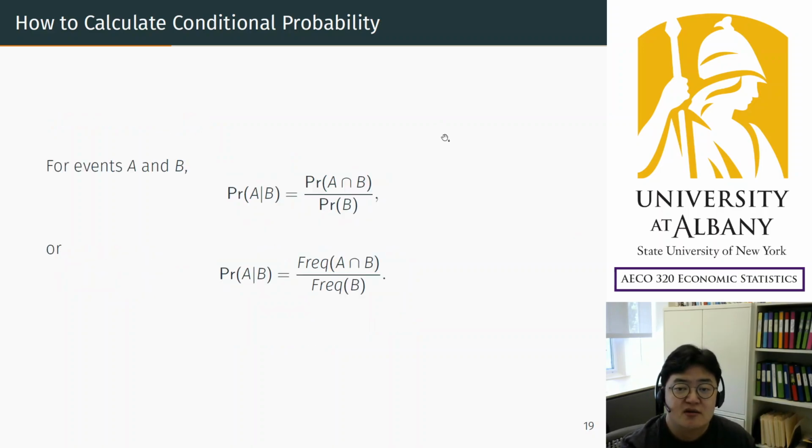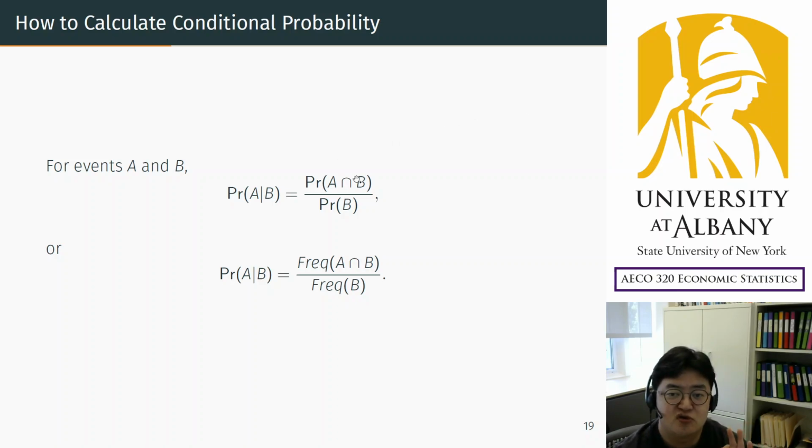Then we can formulate that idea like this. The conditional probability of A given B equals, with the denominator being the probability of the condition, the pool size, and the numerator being the probability that the condition is satisfied at the same time the main event occurs.